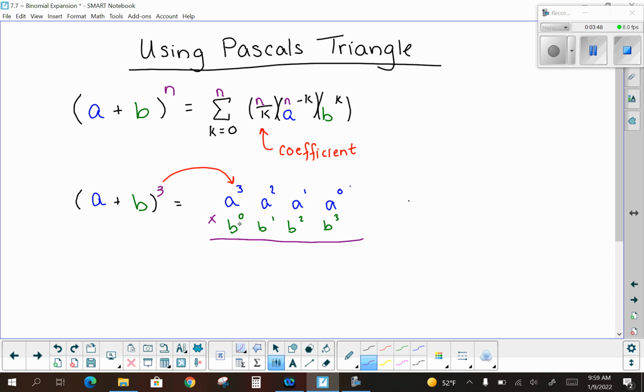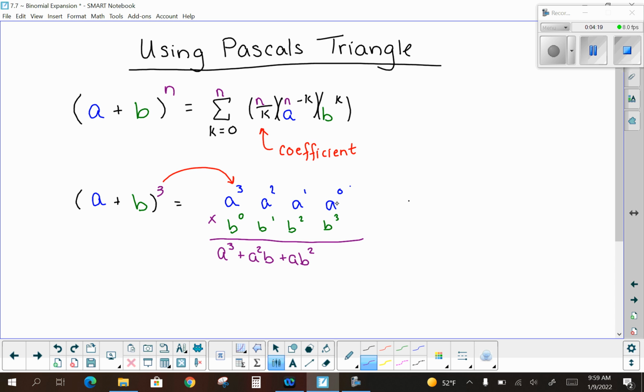So when I do this pattern, I notice both a and b are positive right now. So when I go through, remember, b to the 0 power, that's a 1. So I'm really just going to have a to the 3rd power times 1. I'm going to have a squared times b to the 1st power. I'm going to have a times b to the 2nd power.